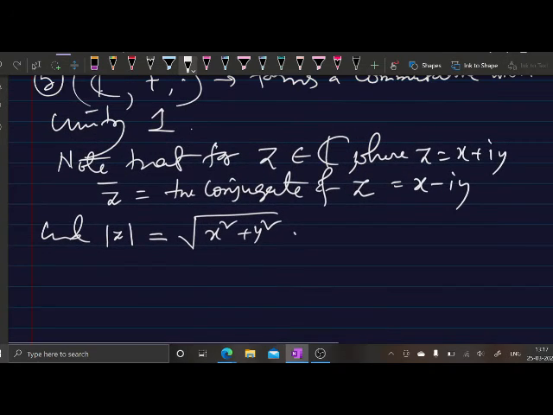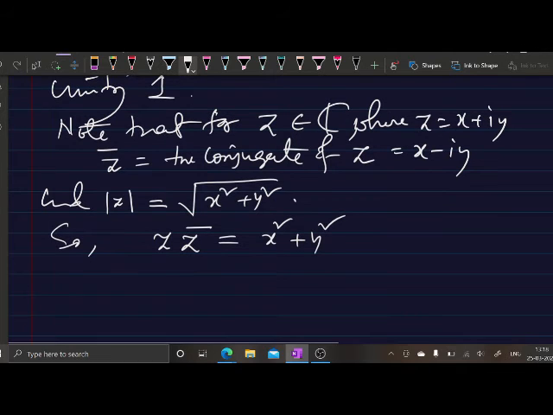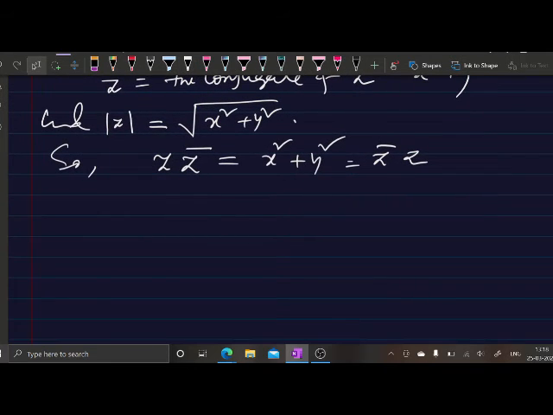And using these two functions you can multiply z with z bar and you will get x square plus y square, right? In a similar way, since it is a commutative ring, z bar dot z is also the same as z dot z bar, and this x square plus y square is mod z square.